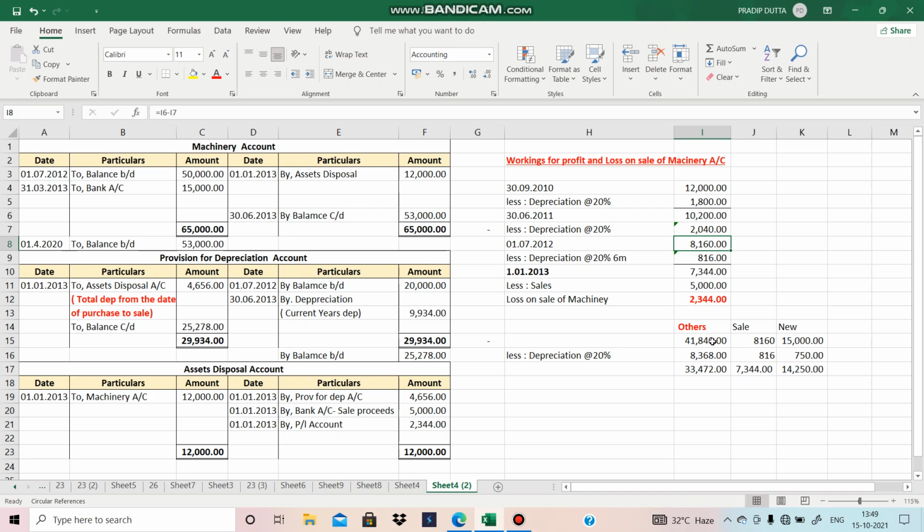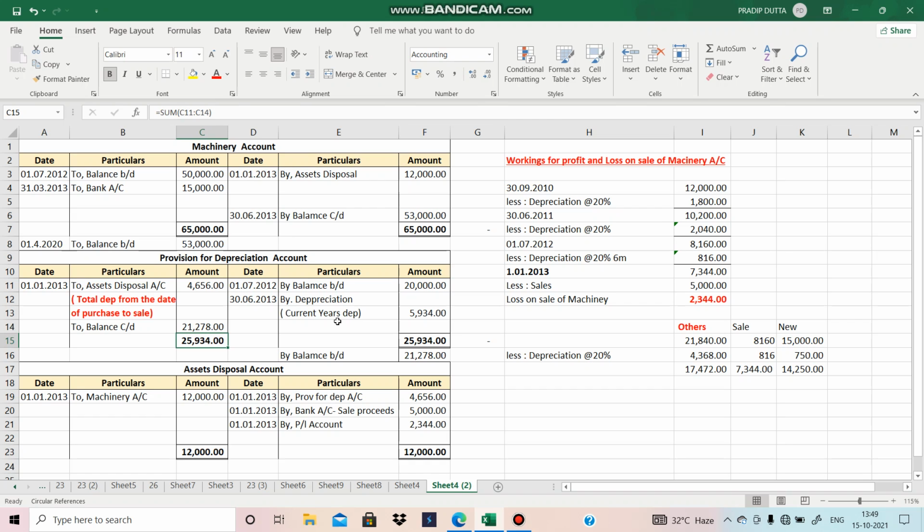Just one thing we did wrong over here: the written down value of the other machines is this minus the provision for depreciation. So the total depreciation is 5,934, and the balancing figure is 21,278. Hope it is clear.